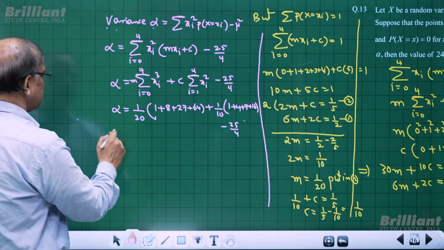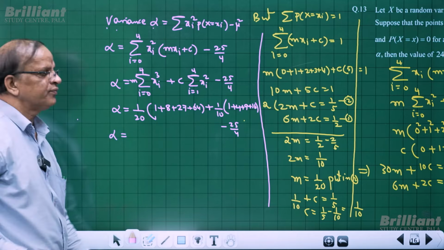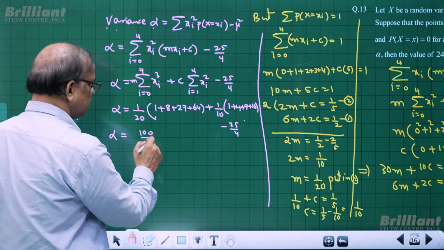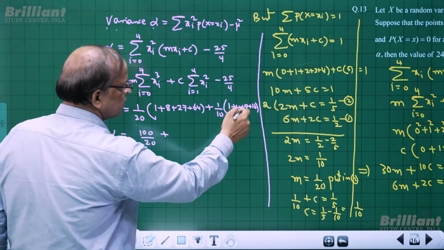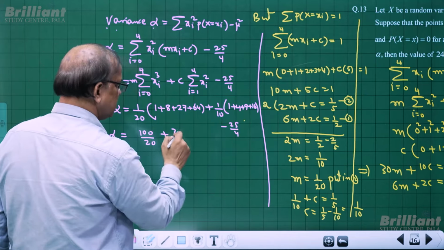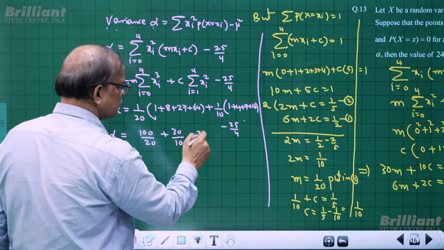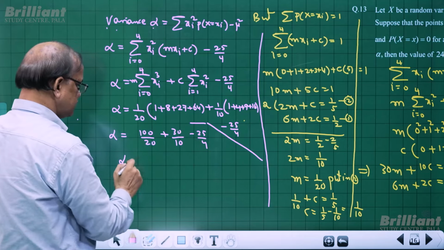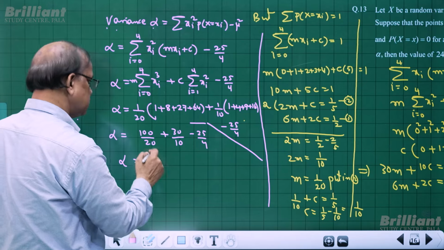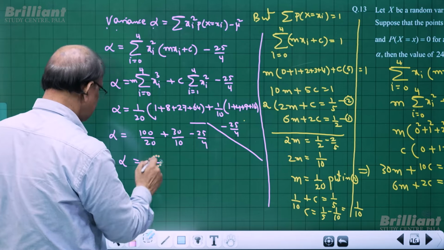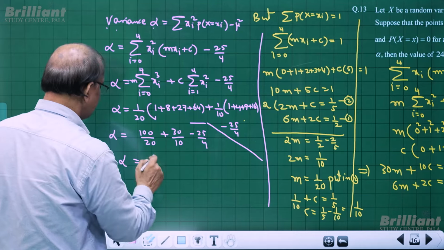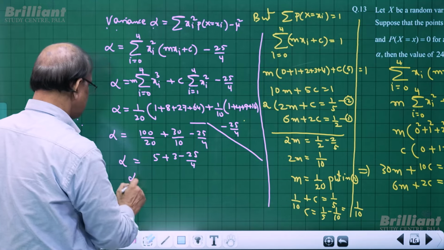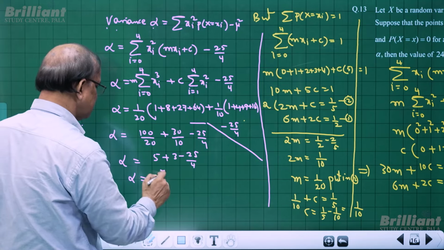So 64 plus 36 is 100, so 100 by 20, and 30 by 10, minus 25 by 4. So alpha is 5 plus 3 minus 25 by 4, which is 32 minus 25, 7 by 4.